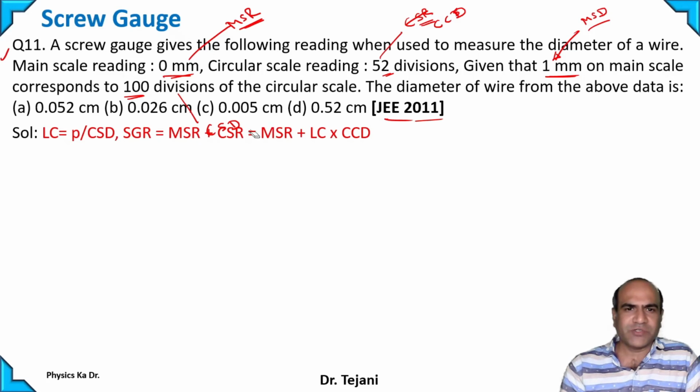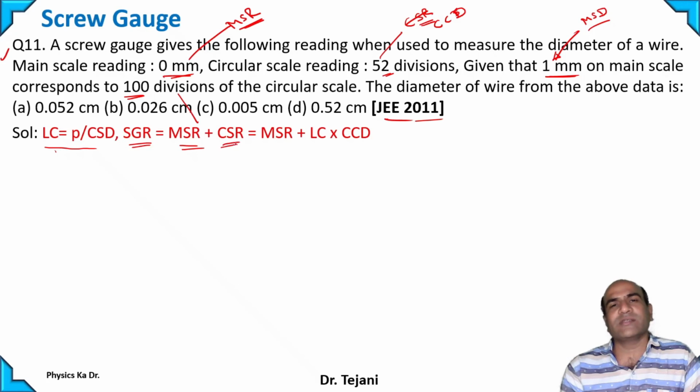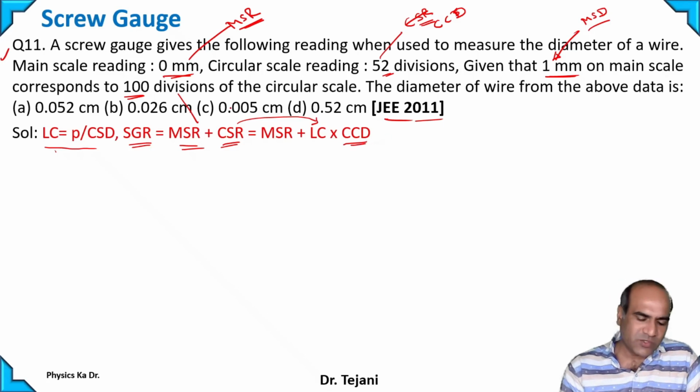We know all the equations, and you should remember them. Least count is equal to pitch divided by circular scale division. Screw gauge reading is equal to main scale reading plus circular scale reading, and circular scale reading is equal to least count multiplied by coinciding division. Do we have all the values?